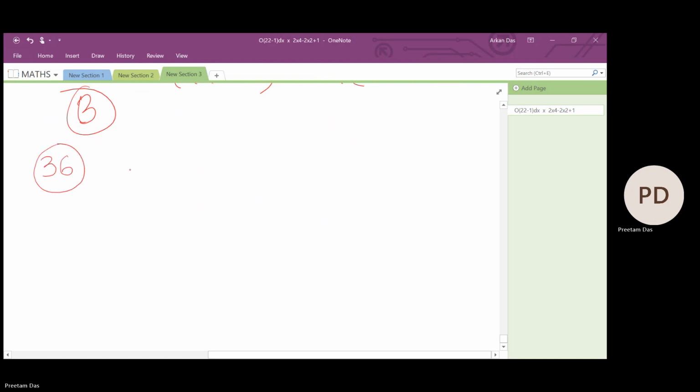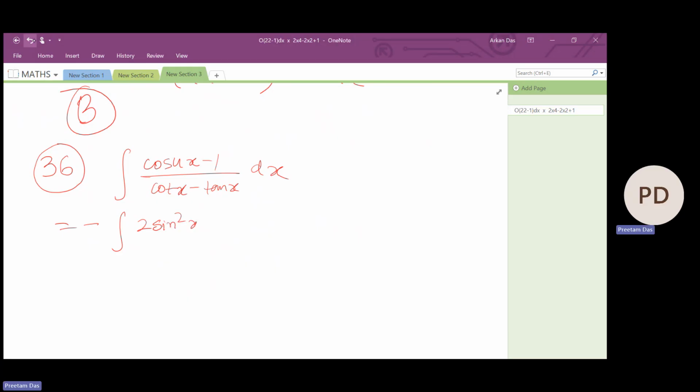Question 36 is cos 4x minus 1 cot minus 10. What is cos 4x minus 1? We can write it as 2 sine square 2x. In the denominator also we can convert it to sine and cos. So what will this become?